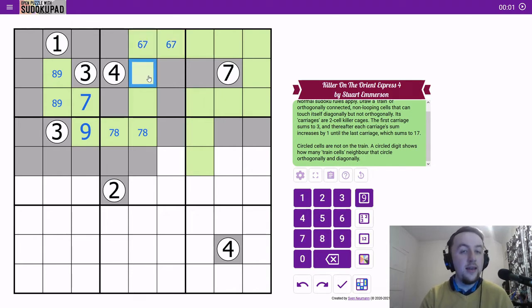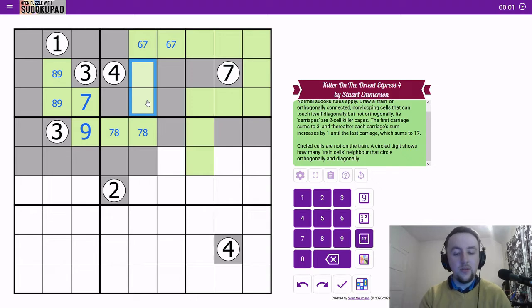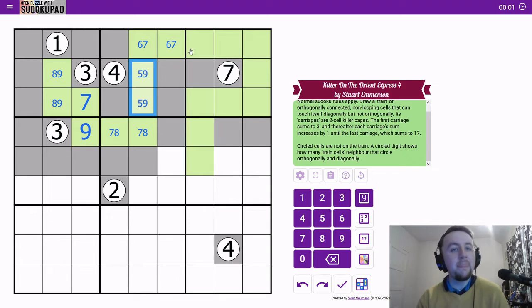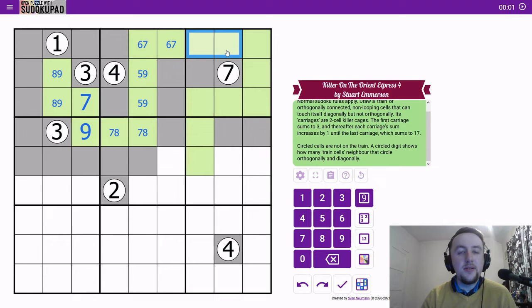And now we know that this can't be 6 and 8 anymore, so it must be 5 and 9. These two add up to 12, and they are not 7 and 5, but they could still be 8 and 4 or 3 and 9. These add up to 11, these add up to 10, these add up to 9.